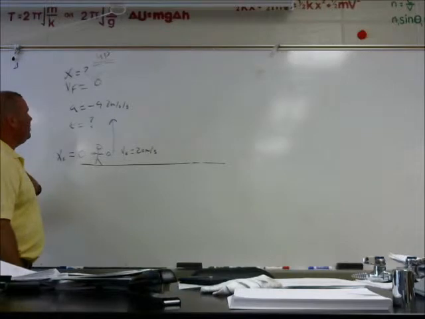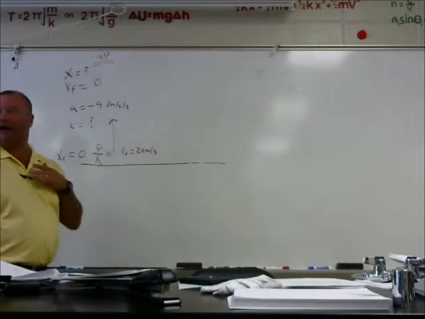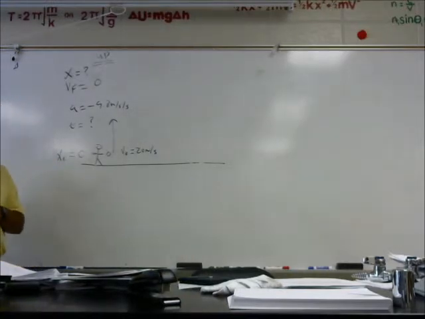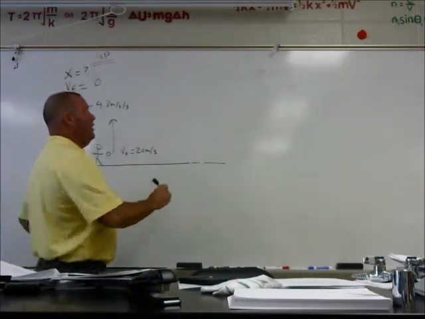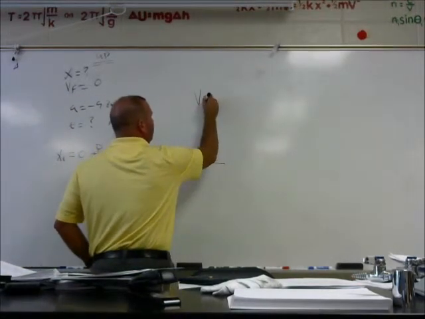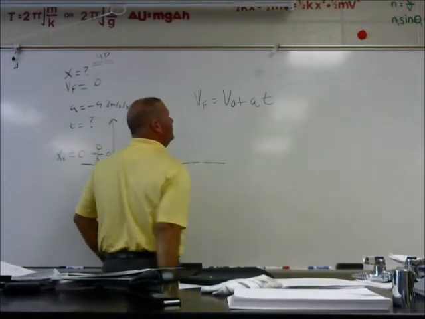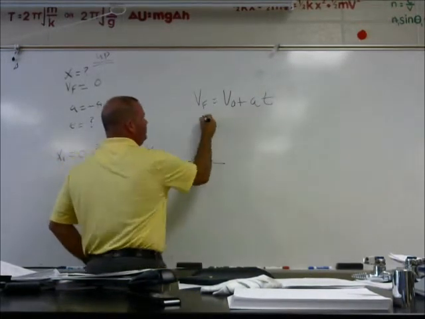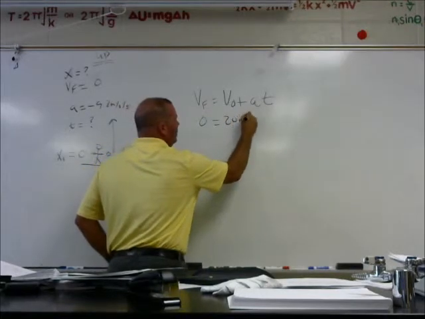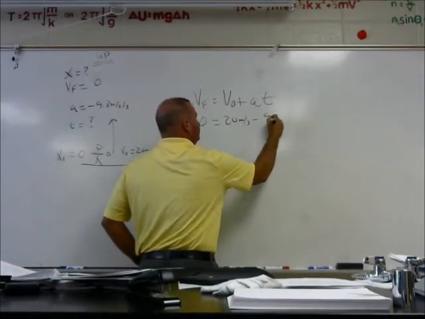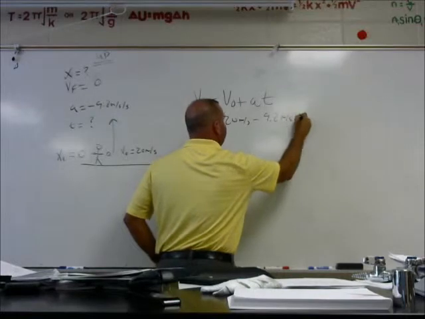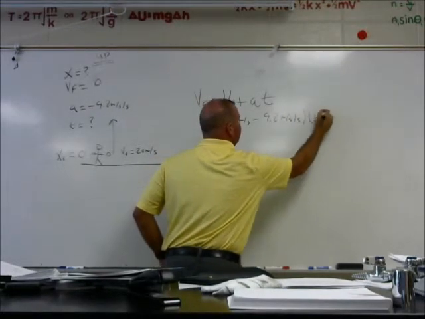So in this case, which would we like to find first? The height or the time? Time, and how are we going to do that? Which says what? Vf equals V naught plus AT. So my final velocity 0 equals 20 meters per second minus 9.8 meters per second squared times time.